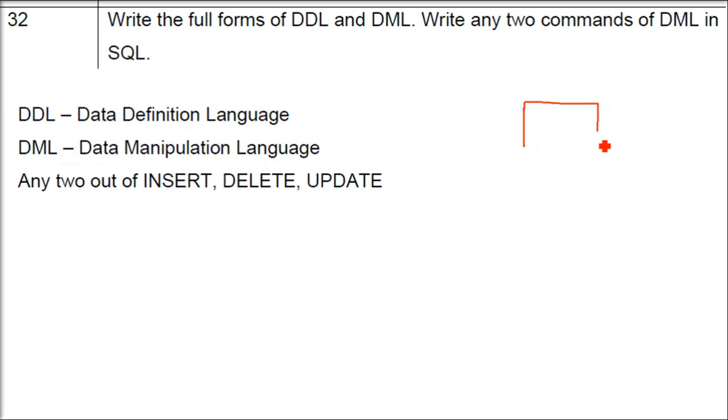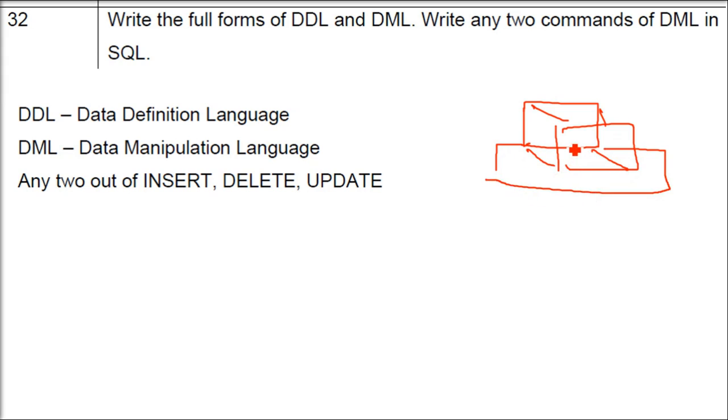First of all, whenever you make a house, what do you do? You will make a foundation. You will have a proper way where the 2 pillars have to be put. Then you will make the walls. You will define the architecture. So you are making a house. If I take it as a database, when you make a database, you will use data definition language.